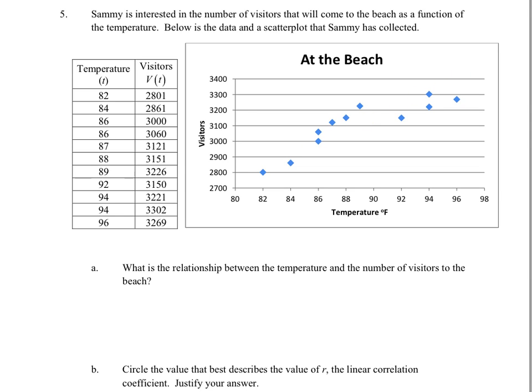So we can see that there is a positive correlation. It also looks like a fairly straight line. I mean, it's not perfect, obviously, but I would say we could figure out that is a strong correlation as well.